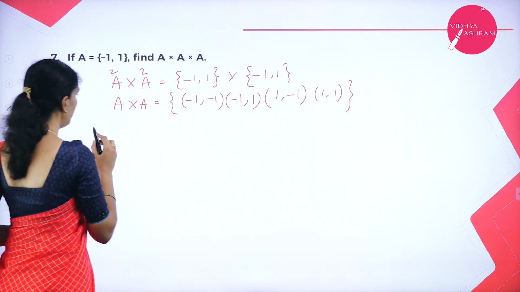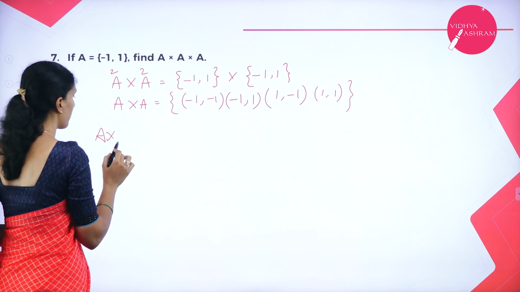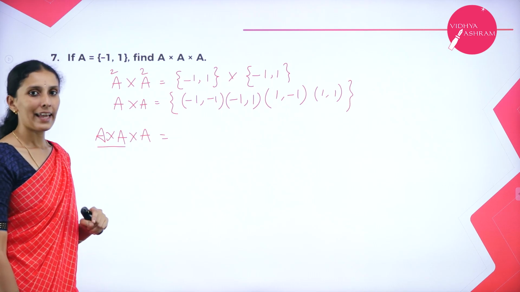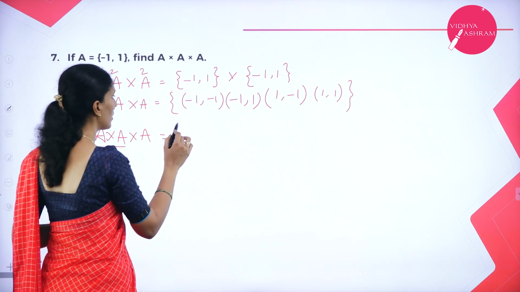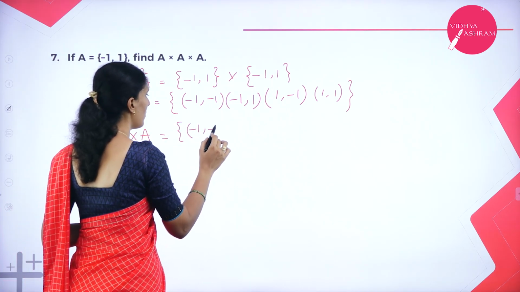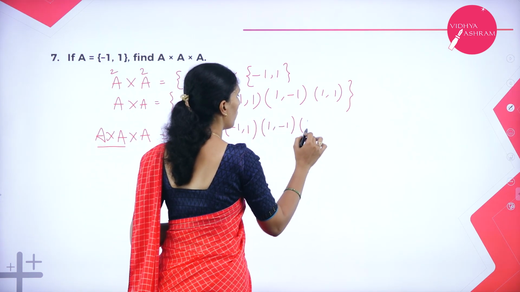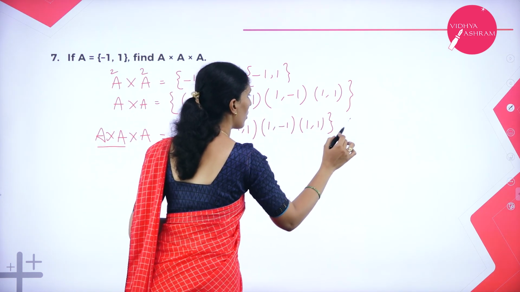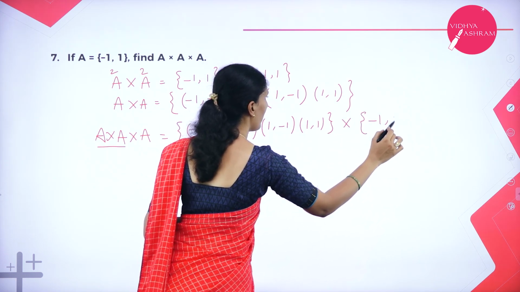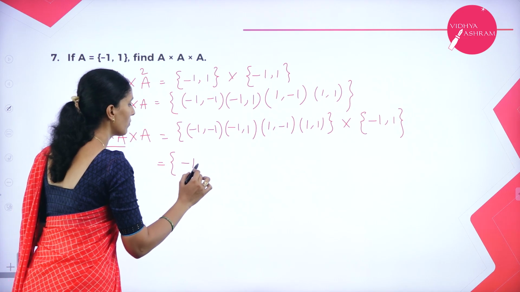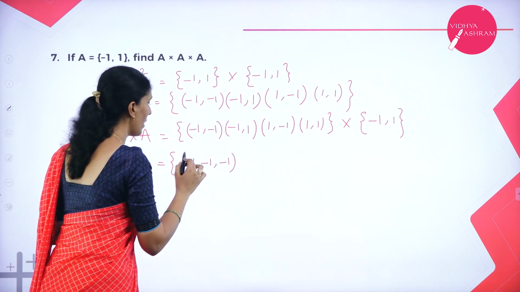Next, we have A cross A cross A. Now we already got A cross A. So what are those? (-1, -1), (-1, 1), (1, -1), (1, 1), cross with again the same set {-1, 1}. Now pair it. We have (-1, -1, -1).